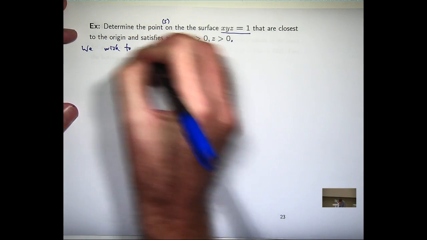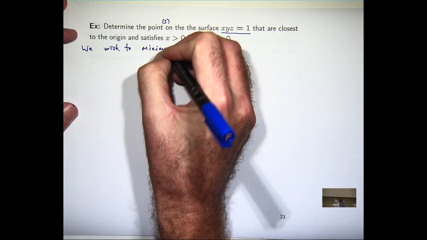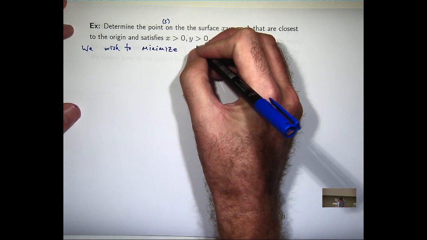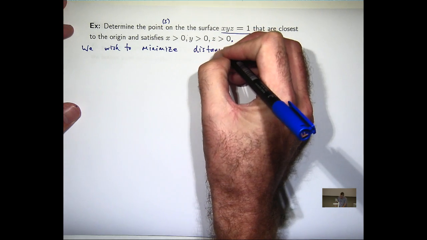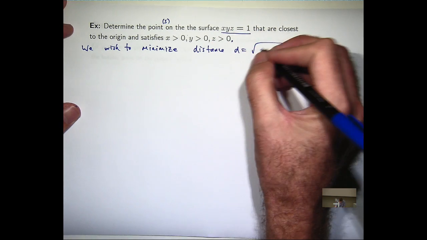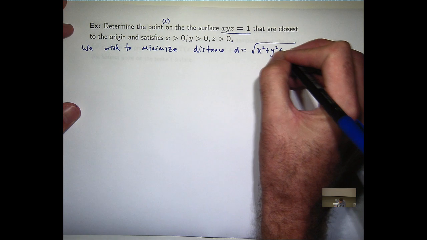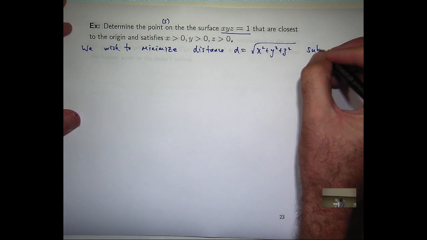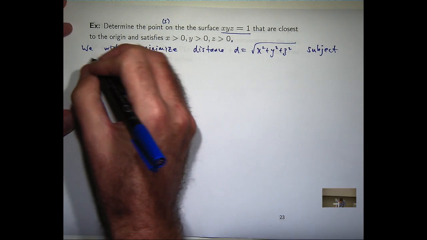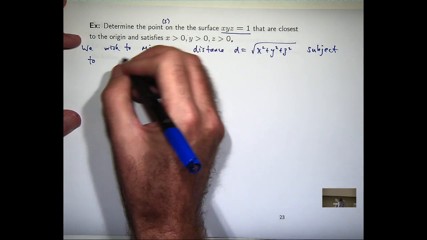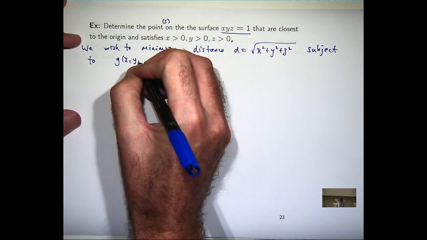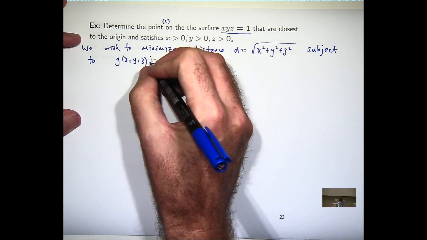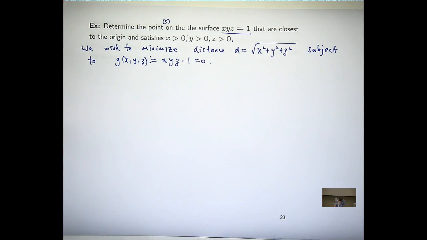We wish to minimize, say, this distance function subject to the constraint xyz minus 1 equals 0.